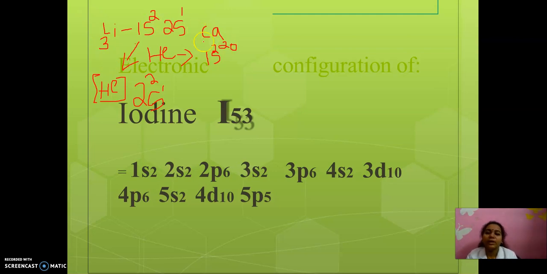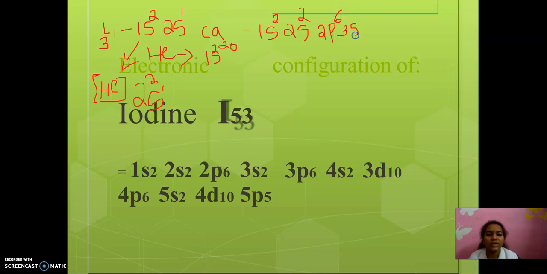Then what about calcium? Calcium is 20. So how can we write that? 1s2. You have to remember that order. 1s2, 2s2. So 4. 20 minus 4, 16. So we have to arrange the 16 electrons. 2p6. Then 3s2.